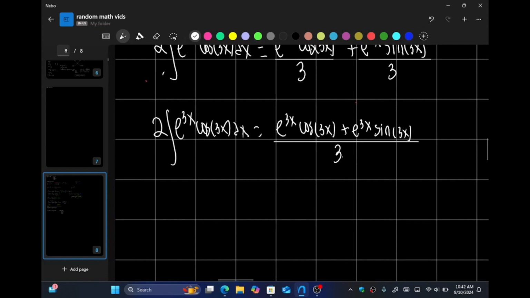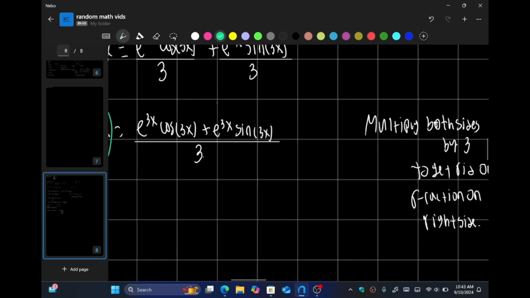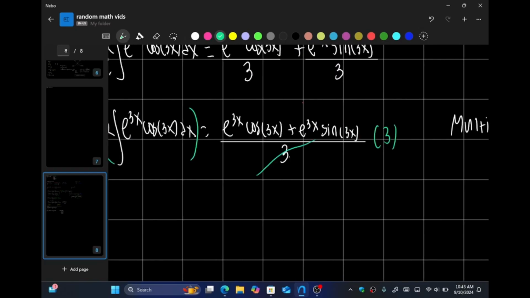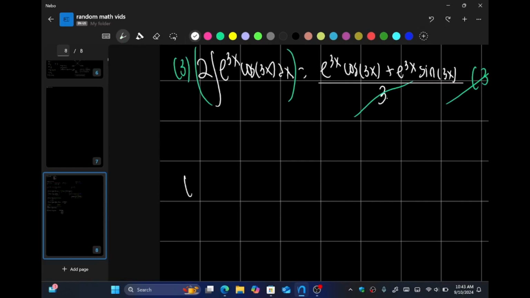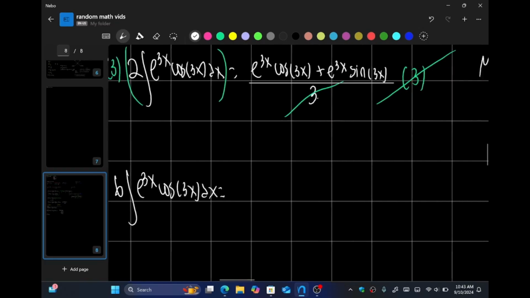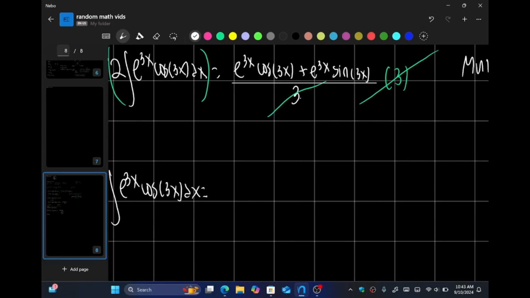So this is going to cancel out, right? We get 6 times the integral of e to the 3x cosine of 3x dx is equal to e to the 3x cosine 3x plus e to the 3x sine of 3x.